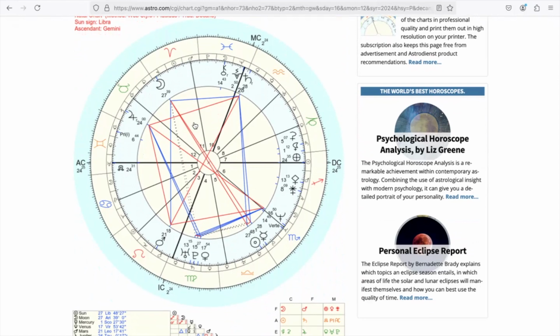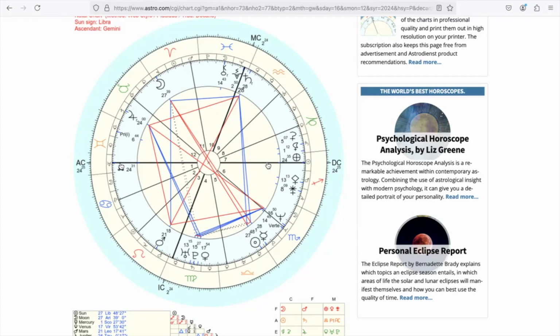Okay. And so this is one axis line, and this is another axis line. This is your midheaven. This is going to be the ascendant, where the ascendant point was on the horizon when you were born, and the degree that the ascendant point was.